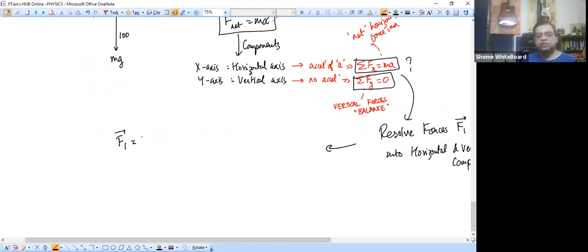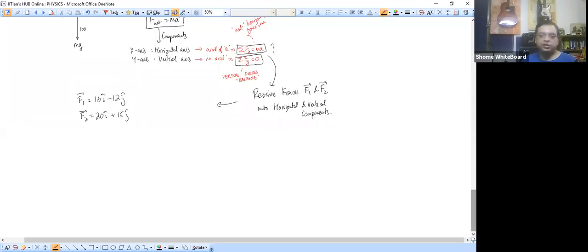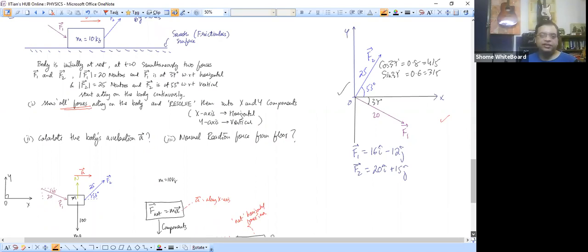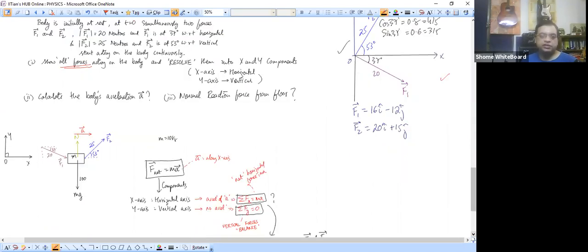F1 was 16 i cap minus 12 j cap, and F2 was 20 i cap plus 15 j cap. All right. So what I'll do next is in the free body diagram above, we will replace F1 and F2 with the equivalent components.